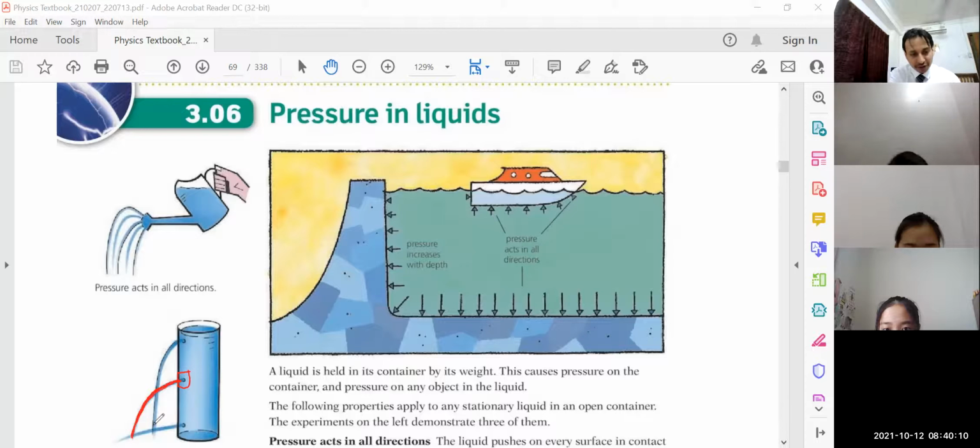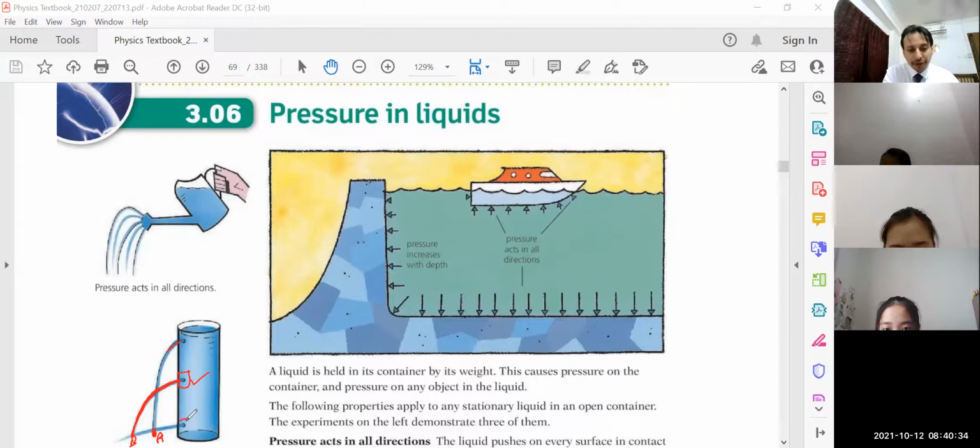You see here, children, initially in the first case, the water fell at position A, but in the second case, when the hole is slightly in the middle, the pressure has increased and it covered more horizontal distance compared to when the hole was near the surface. Look at situation number three.